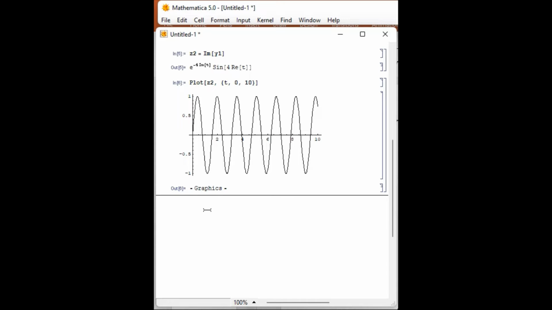Next, let us take y2 as exp(minus ist). Okay, s has been taken same as before. Now z3 equals the real part of y2.